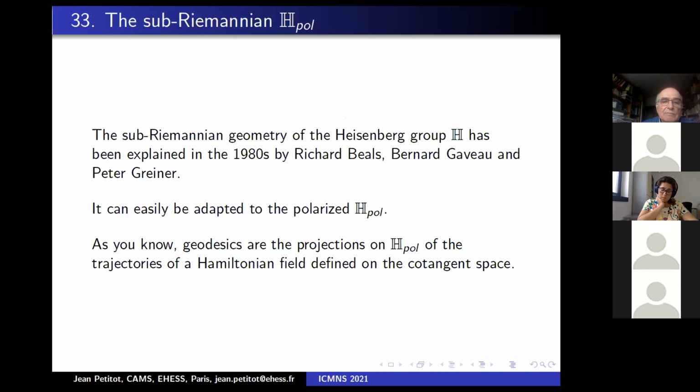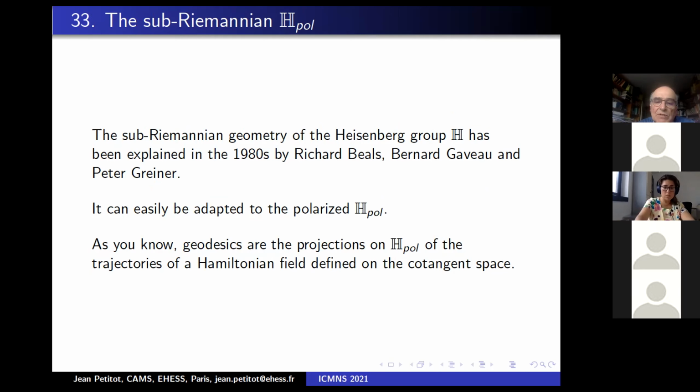The sub-Riemannian geometry of the Heisenberg group, as you know, was explained in the 80s by Richard Beals, Bernard Gaveau, and Peter Greiner, and it can easily be adapted to the polarized Heisenberg group.